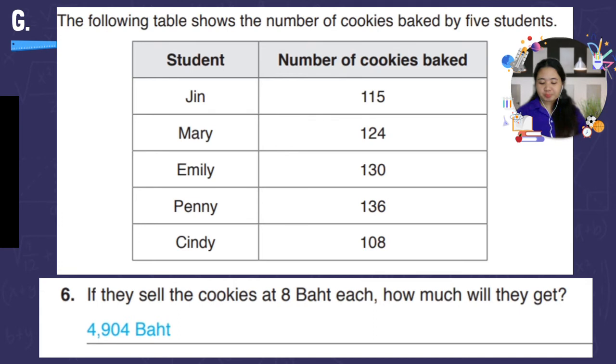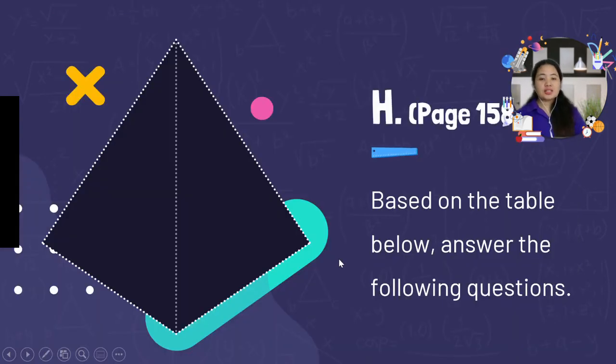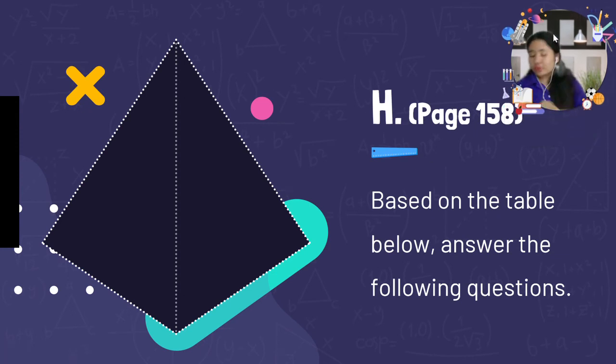Very good. For the last letter, let's go to letter H. In letter H on page 158, based on the table below, answer the following questions. So last exercise.